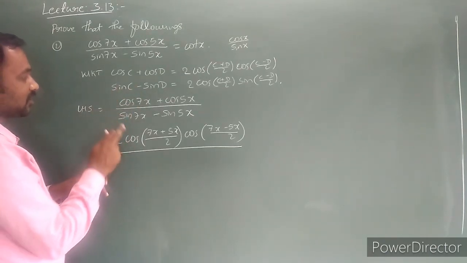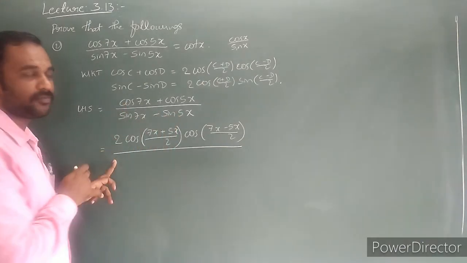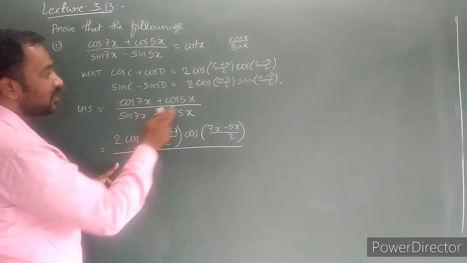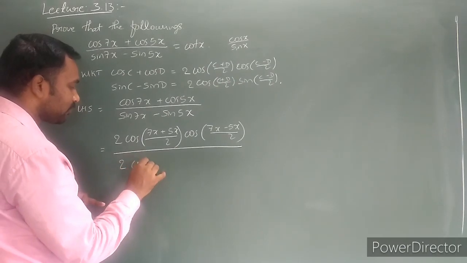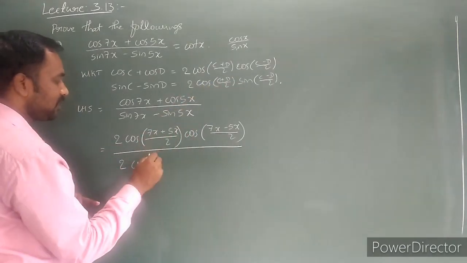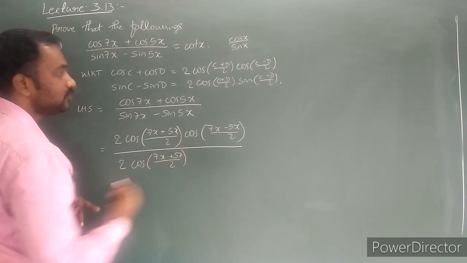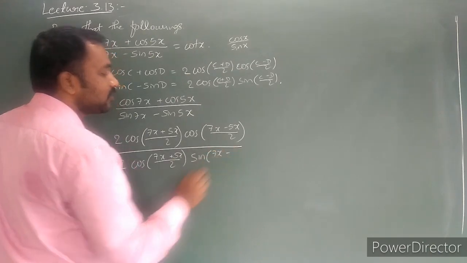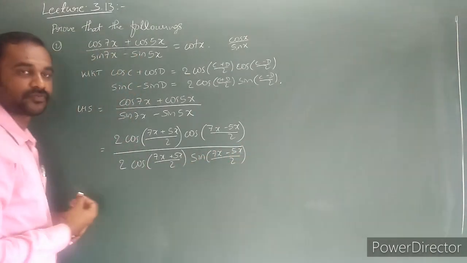Come to the denominator. What is the denominator? Sin of 7x minus sin of 5x, which is of the form sin c minus sin d. What is sin c minus sin d? 2 cos of (c plus d) by 2, 7x plus 5x divided by 2, into sin of (c minus d) by 2, 7x minus 5x divided by 2.